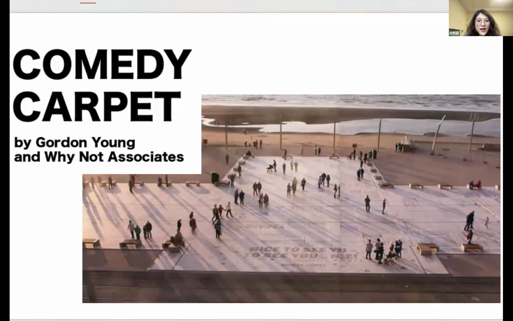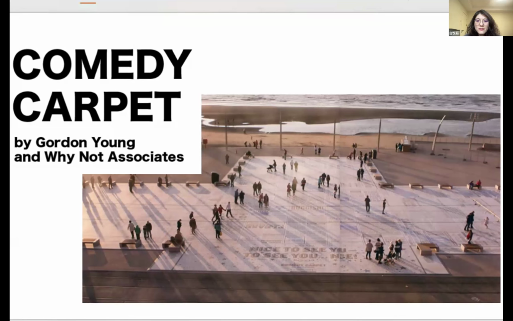So it's an extraordinary installation covering 2,200 square meters in Blackpool city. The city name is Blackpool. It's from England. It's an English city.